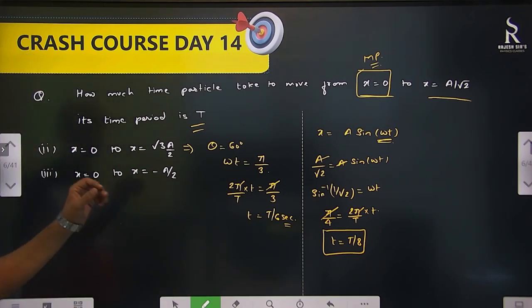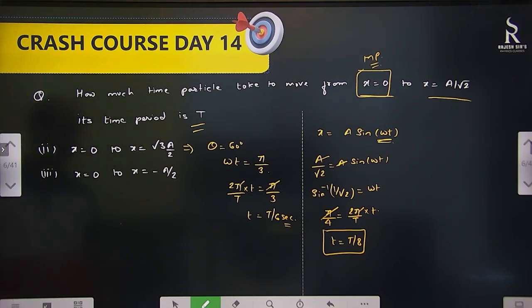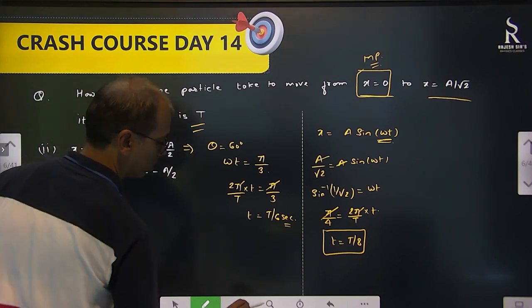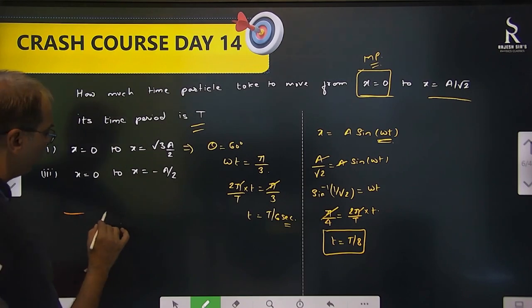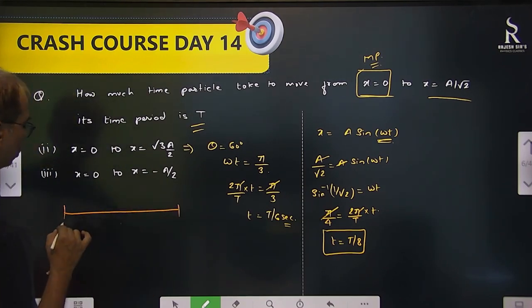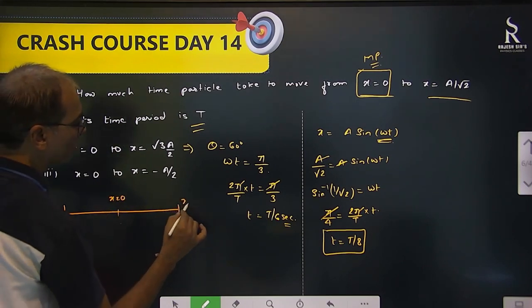Then x equal to 0 to x equal to minus a by 2. Where is minus a by 2? Okay, so now we have to understand this. If this is how the SHM is happening, this is x equal to 0, this is x equal to a.